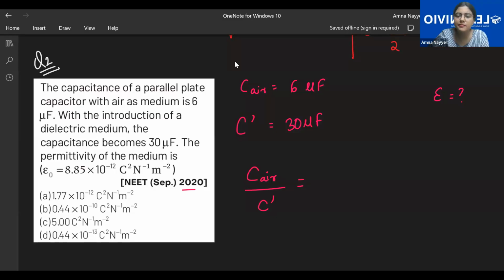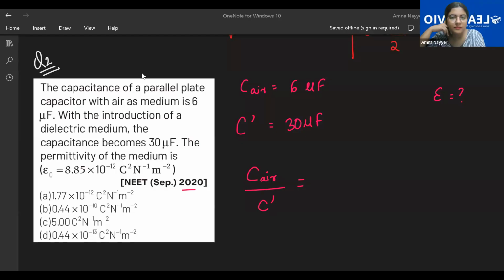Can anyone answer this? C in air by C in a medium. Ma'am, is C of the medium what?